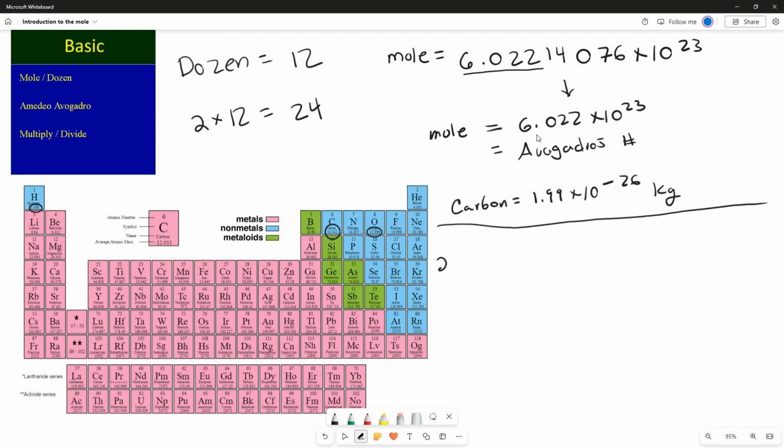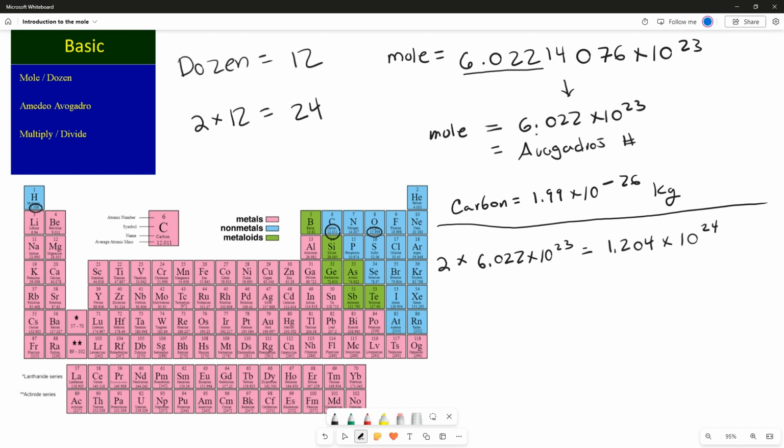So if you take 2 and multiply it by the number mole, you should get an answer of 1.204 times 10 to the 24th.